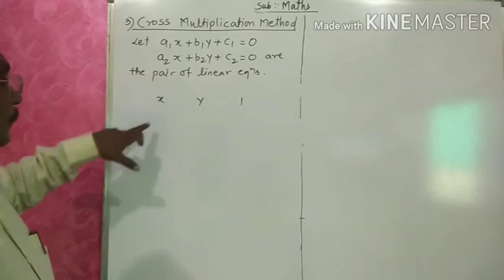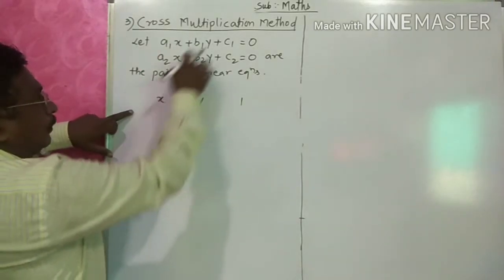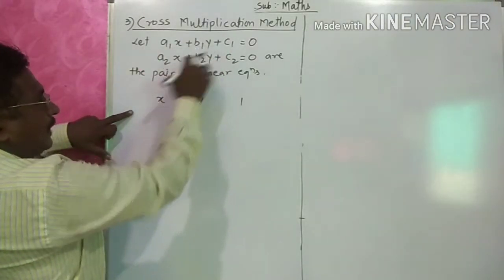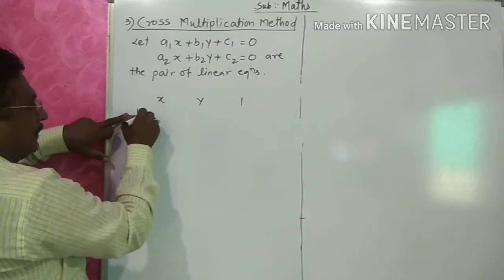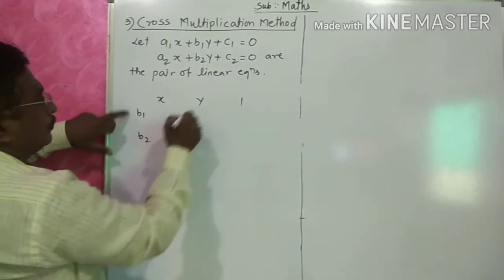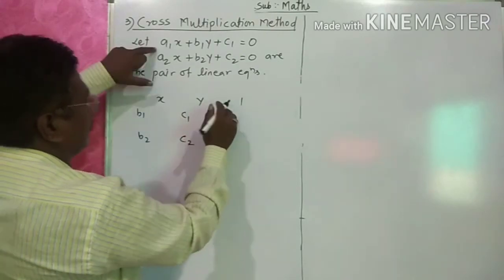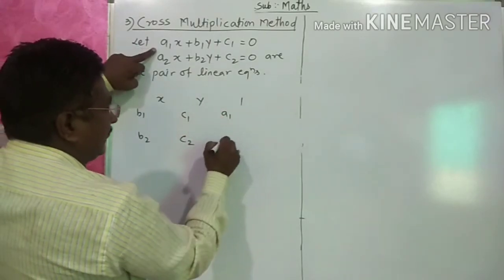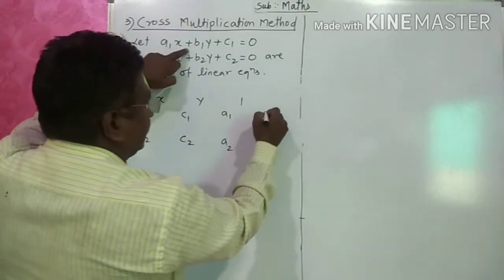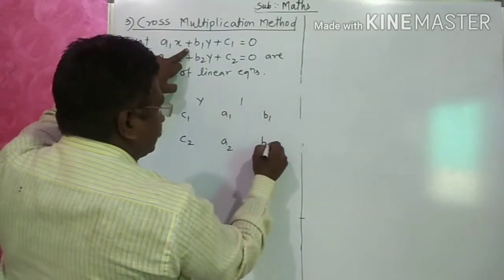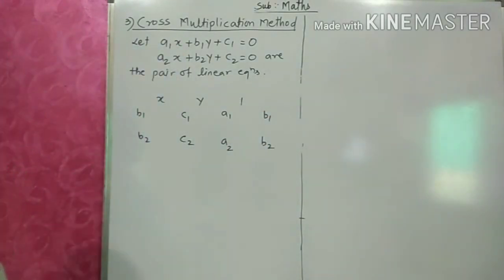And then here we will start from the coefficient of y: b1, b2, then c1, c2, then a1, a2 and last again b1, b2. In this way we have to write.